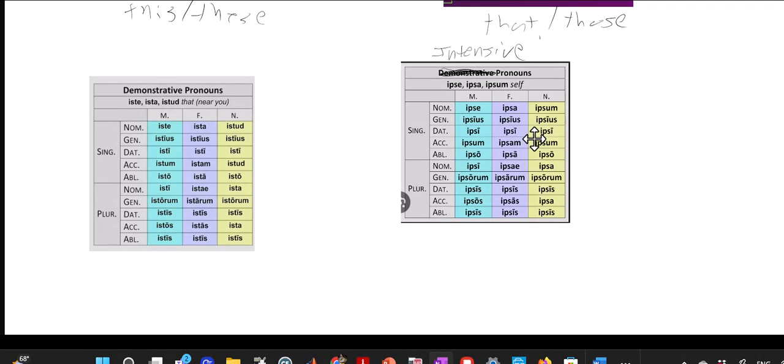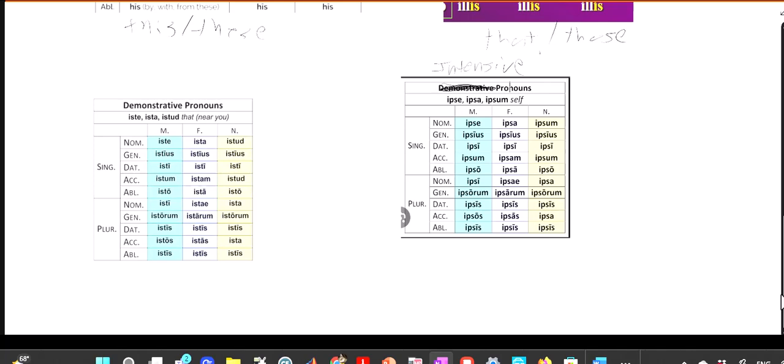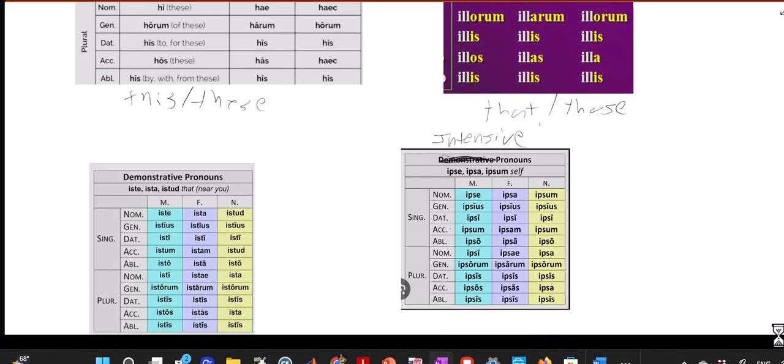And here's what we mean by intensive. It intensifies another word. Now you want to be careful because in English we use self in multiple different ways. So we use self both as a reflexive and as an intensifier. And in Latin they are different words.